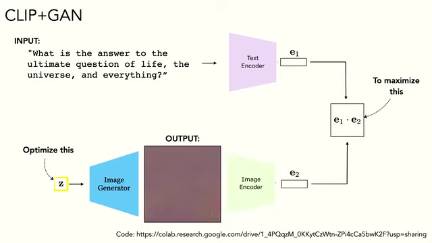something like a generative adversarial network, and then you can optimize the embedding, the input parameter that goes into that image generator, and you can figure out for a given input how to optimize this so that the output of your image generator is the thing that's closest in CLIP space to any given prompt.